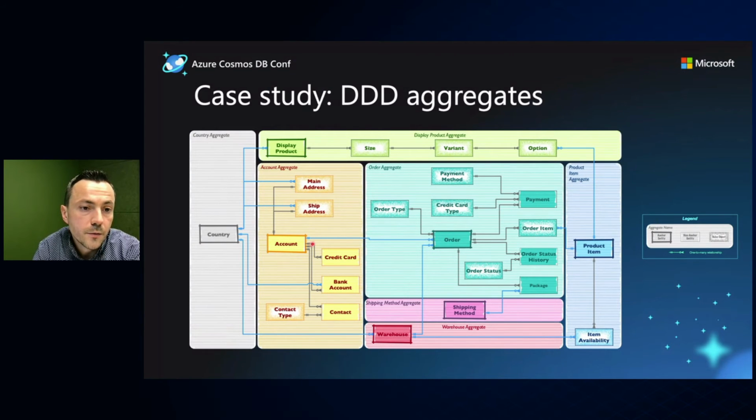For account, we designed credit card, bank account, and contacts as non-root entities. Main address, ship address, and contact types are value objects. Similarly, you can review the other aggregates. For example, orders has payments and their histories as non-root entities, plus a list of value objects. So in this way we prepared these DDD aggregates.